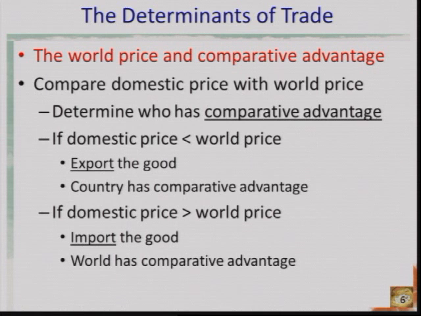It's less than the world price, it's $11. So if our domestic producers can make and sell the product for $10, while everybody else is selling it for more expensive, then we should export the good. That makes sense, right? If we can do it cheaper, we should sell it to them. And we have the comparative advantage.